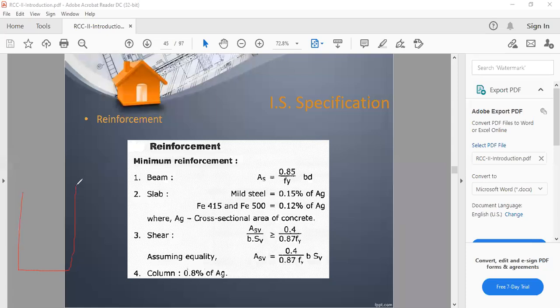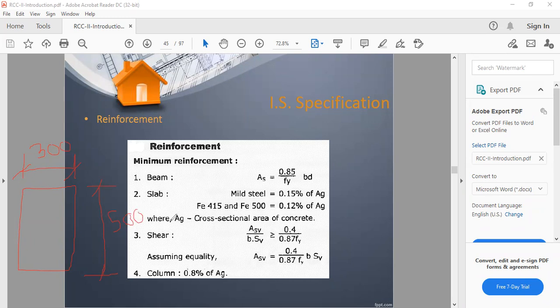If we just look at this beam, it has width equal to say 300 mm, and the depth equal to say 500 mm.